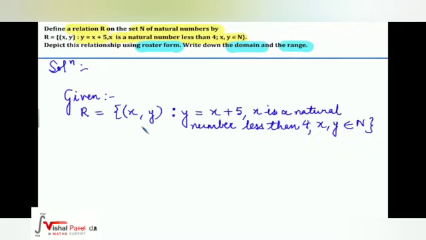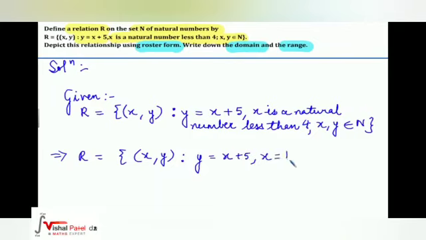In this question, given R is equal to xy, so our relation is x and y, where y is equal to x plus 5, and x is a natural number less than 4. So x is a natural number less than 4, so x is 1, 2 and 3, right?